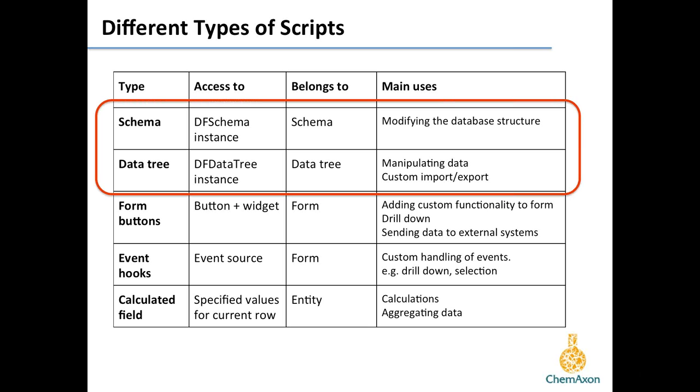And those are the 2 that we'll be covering in this particular webinar series. The other ones, form buttons, event hooks, and calculated fields, we'll be looking at in part 2. So we can kind of put those to the side for now and just focus on the basic scripting and schema scripts and data tree scripts.